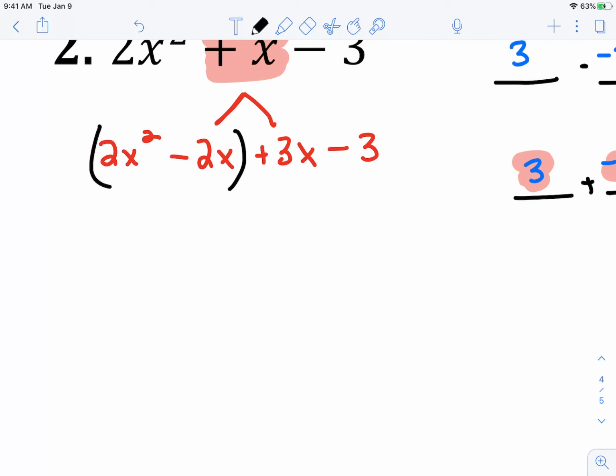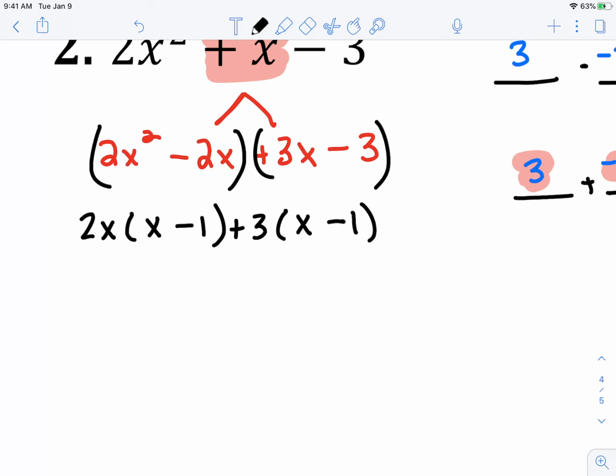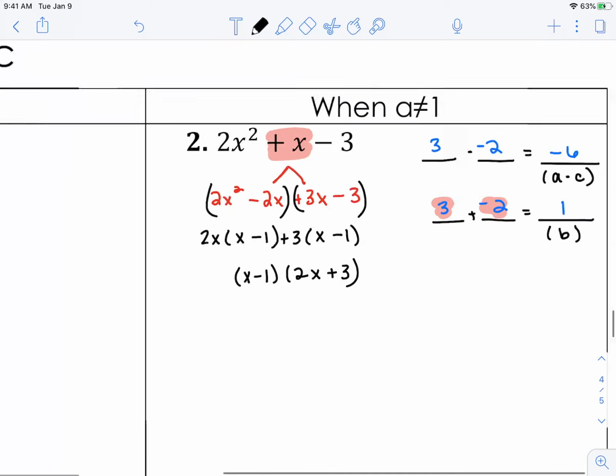For 2x squared minus 2x, our GCF is 2x. That leaves us with x minus 1. And then for 3x minus 3, our GCF is a positive 3, leaving x minus 1. I'm going to factor that x minus 1 out, and I'm left with 2x plus 3. Okay, and that's it.